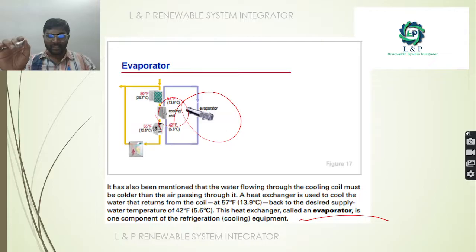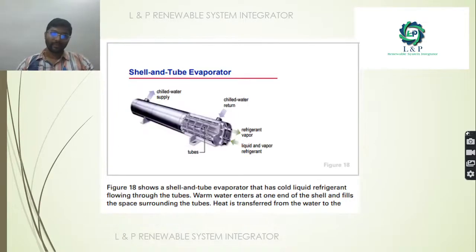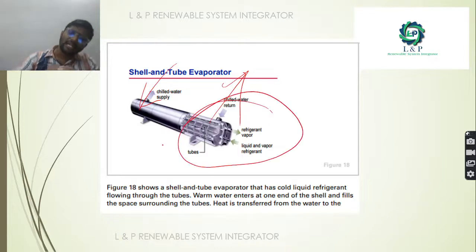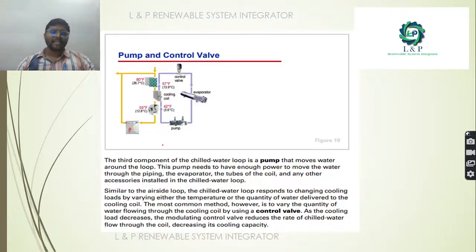Its main duty is to make the water flowing through the cooling coil much colder than the air passing through it. As you can see here, we have a chill water supply inlet and a chill water return inlet, and we have so many tubes inside it. Next is the pump and the control valve.